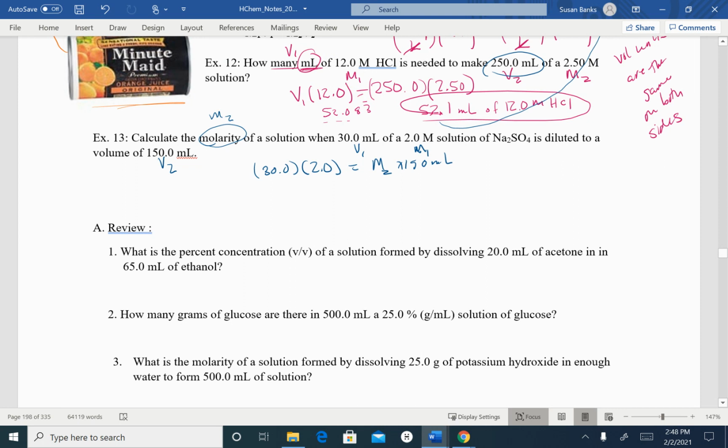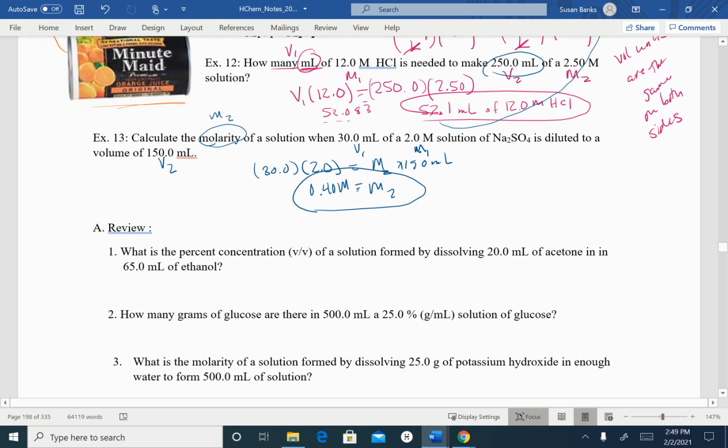Okay, so 30 times 2, which is 60, divided by 150 will give us a molarity of our diluted solution of 0.40 molar. So that's going to be our solution.